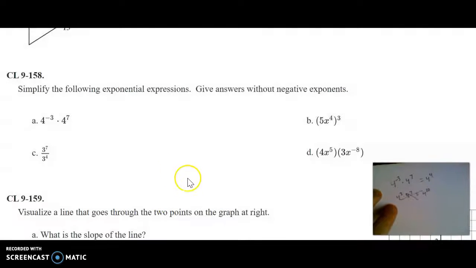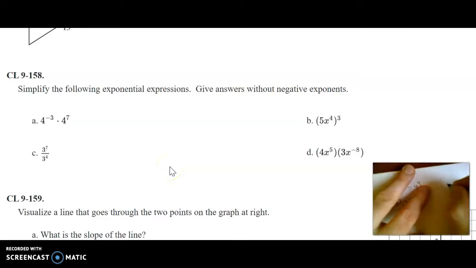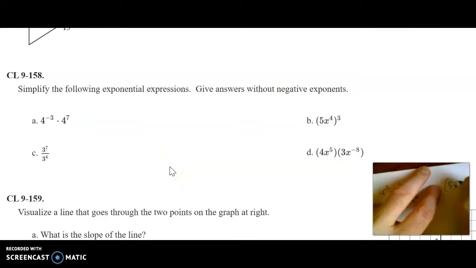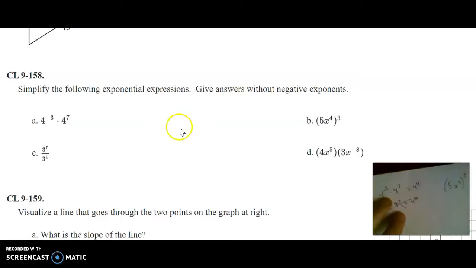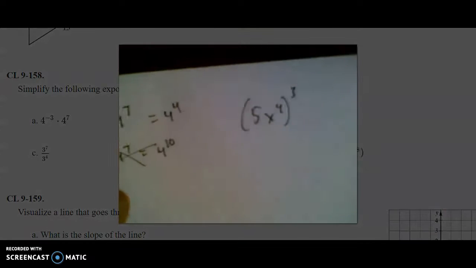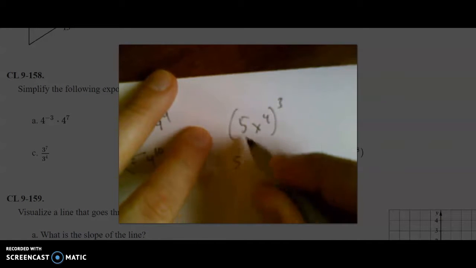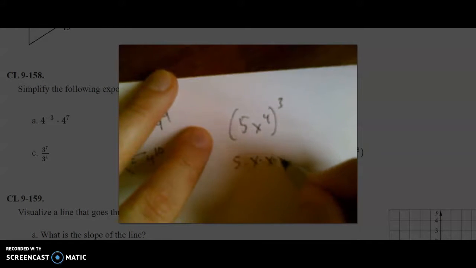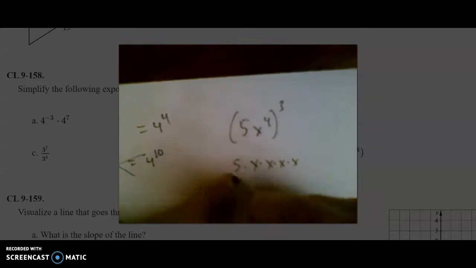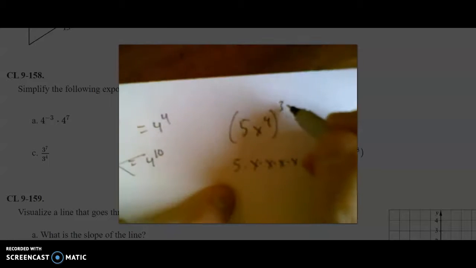The second one, letter B, is 5 times x to the fourth raised to the third power. And we have to remember that we are grouping. So we have 5 times x to the fourth, which looks like a single 5 times x 4 times. And all of this then gets multiplied 3 times. So it's 3 groups of this.